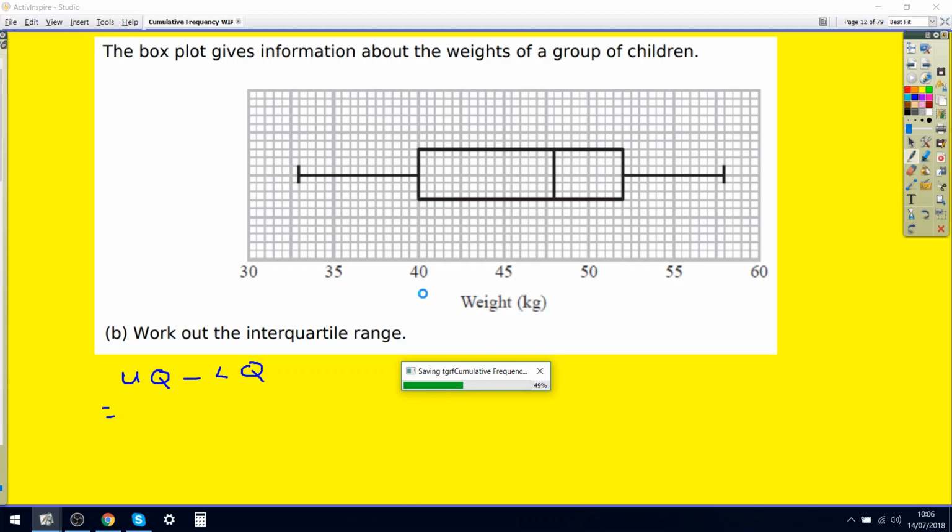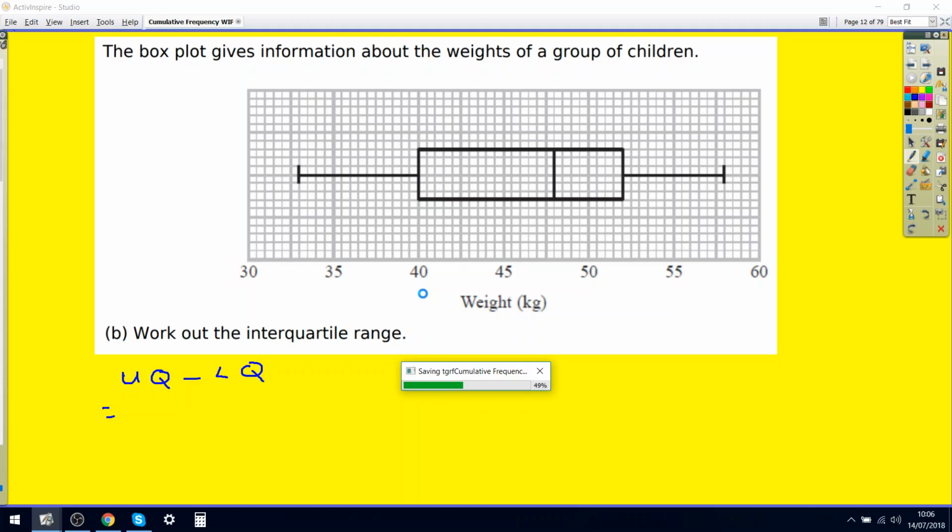So that'd be like 52 minus 40. So would that be like 12? 12. That's it. Yeah. So the range is the whole length, the interquartile range, just that length there.